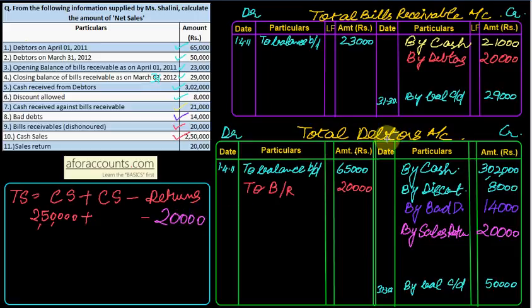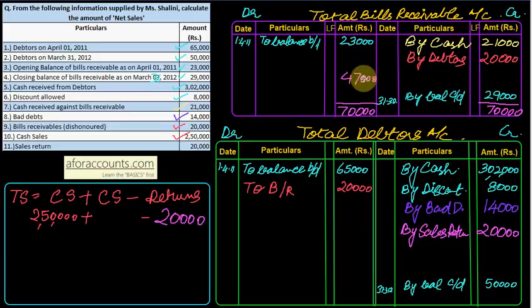Now we will first finish with the bills receivable. Its balancing figure will be taken to your debtors account. So let's take the total: 21,000 plus 20,000 plus 29,000 comes up to 70,000. 70,000 minus 23,000 comes up to 47,000. What is this 47,000?